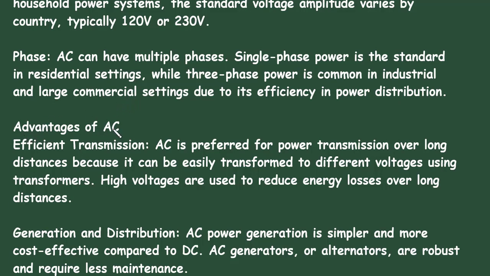Then advantages of AC. It has efficient transmission. AC is preferred for power transmission over long distances because it can be easily transformed to different voltages using transformers. So we can transform AC, but we cannot transform DC.